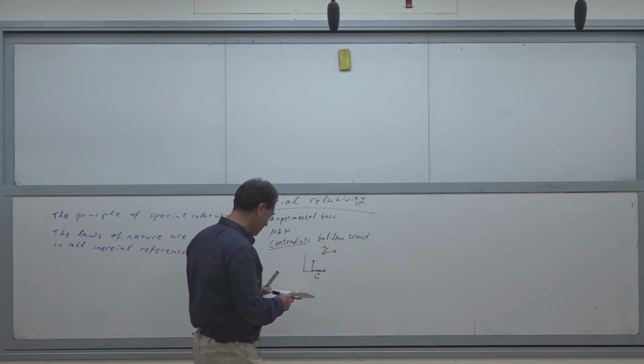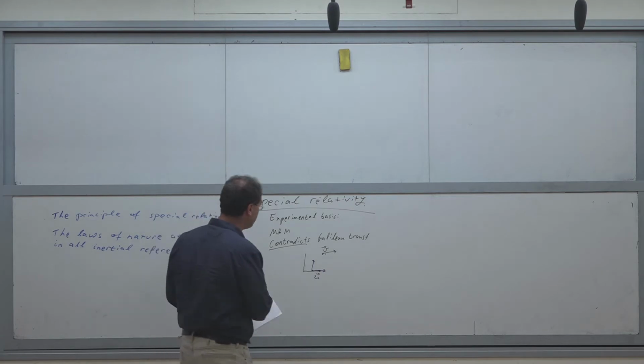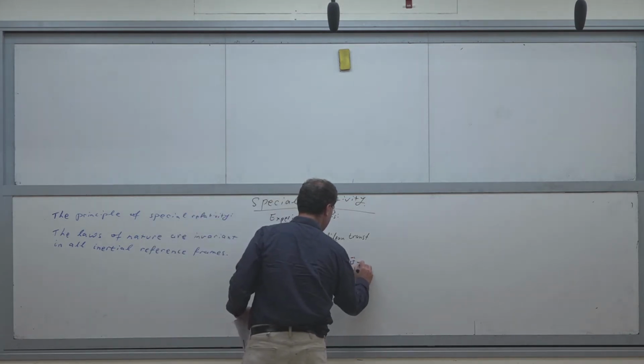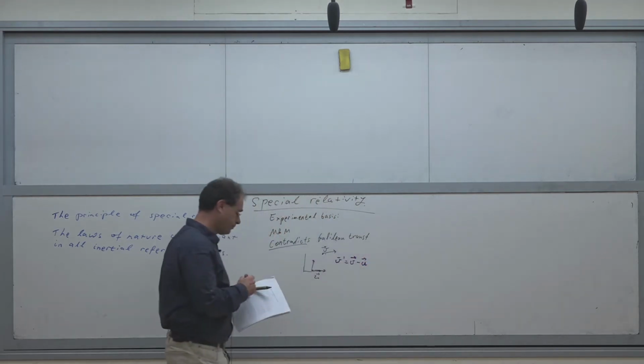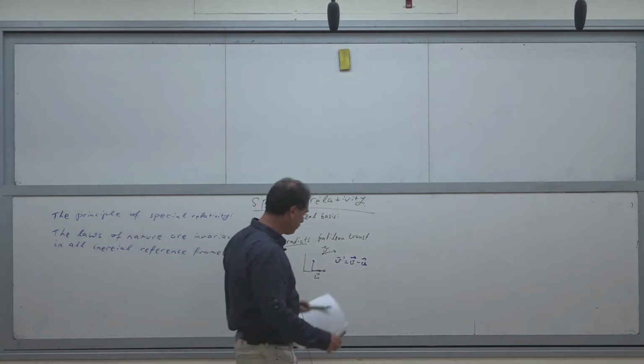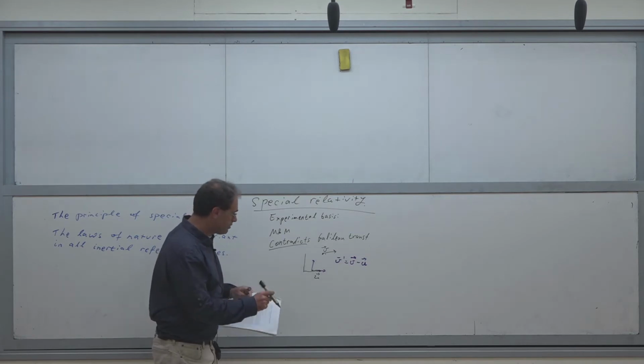Then Galileo said that you would see the moving object moving at velocity v prime, just v plus or minus u. So this is ruled out. Instead, we have the Lorentz transformation.